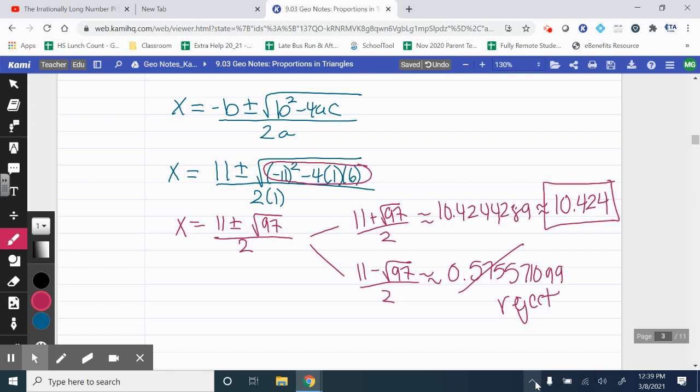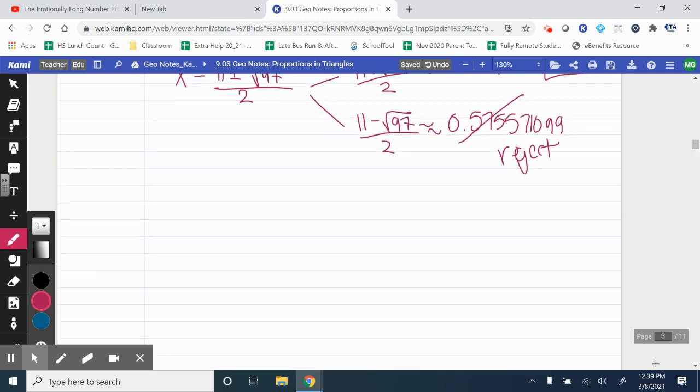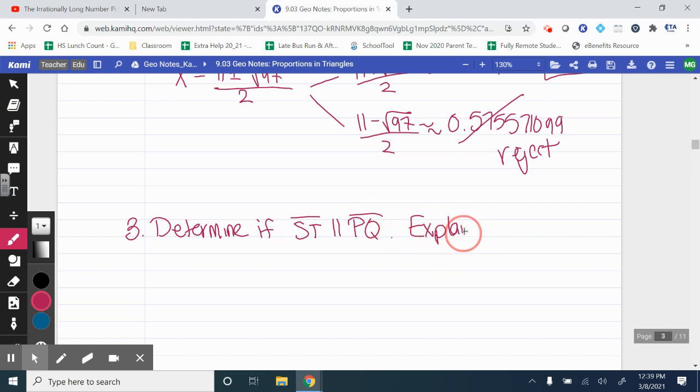All right, and then we want to also be able to go the other direction and determine if the sides are actually parallel. So determine if segment ST is parallel to segment PQ and explain.